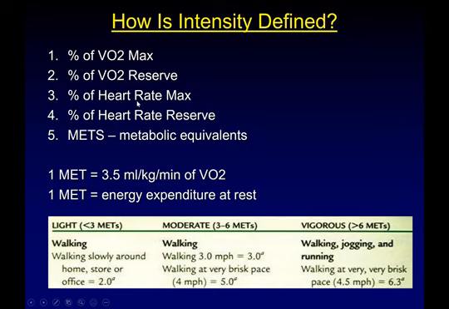The other way that we do things, and this is in some ways how your watches are going to function, is that we look at a percentage of either heart rate max or what we call heart rate reserve. In addition to having a maximal metabolic rate, part of that is determined by your maximal cardiac output.